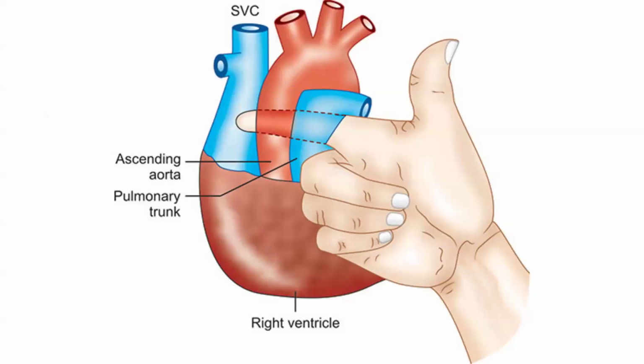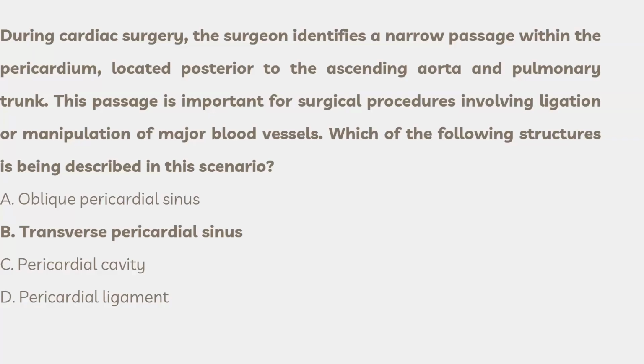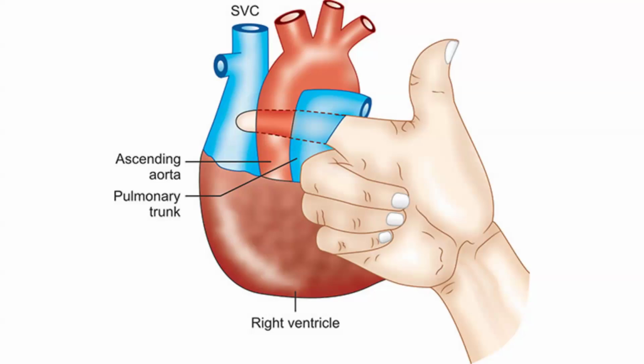Another important passage you guys need to know is the oblique pericardial sinus, and it would be posterior to the pulmonary veins. So I guess these two sinuses are important for your OSPE. It's just a pure recall question. Let's move on.